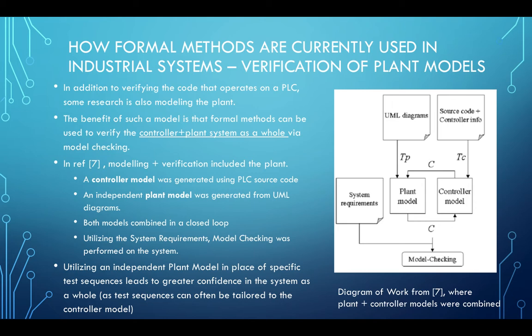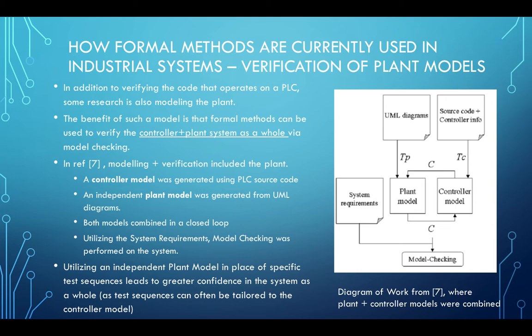So first, when the plant is modeled, it should be modeled independently from the controller. And having an independent model like this often leads to discovering problems that would present themselves in the real world but may not have been taken into account when the controller model's various states were tested and verified.